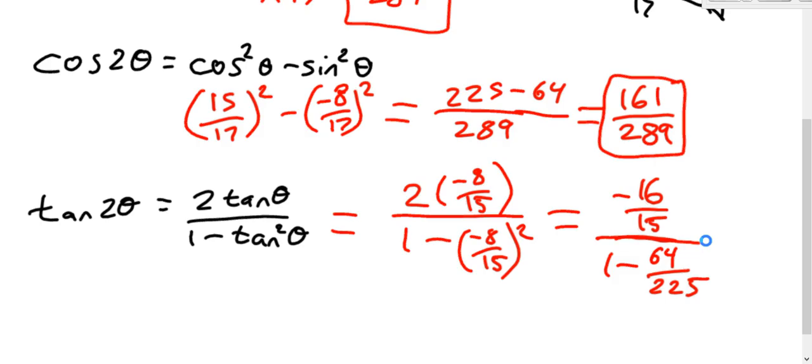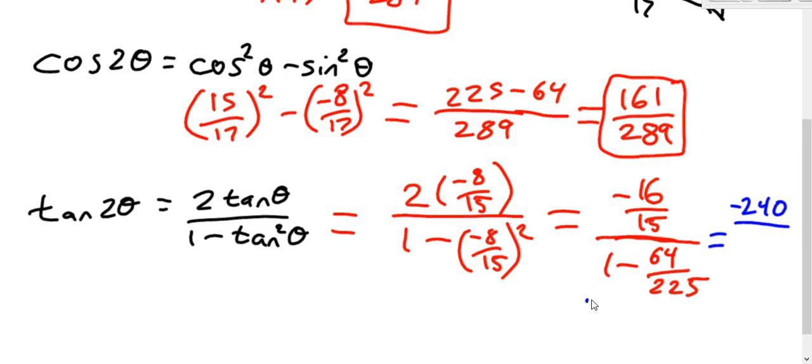So to simplify this, multiply everything by the common denominator, which is 225. So we get negative 16 times 15 would be 240, negative 240.